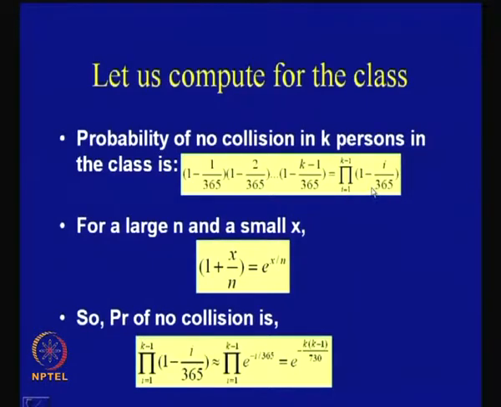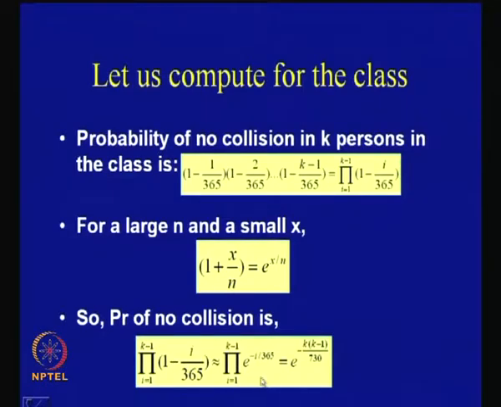Now, for a large n and a small x, we have the approximation that 1 plus x by n is approximately e to the power of x by n. So this holds for large n and small x. Using this approximation, the product of 1 minus i by 365 can be approximated by substituting each term with e to the power of minus i divided by 365, and then finding the product of these terms.